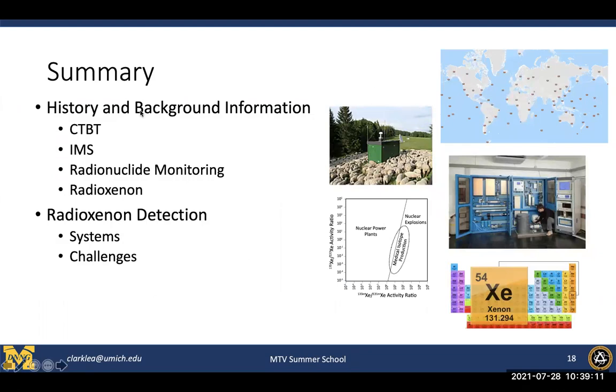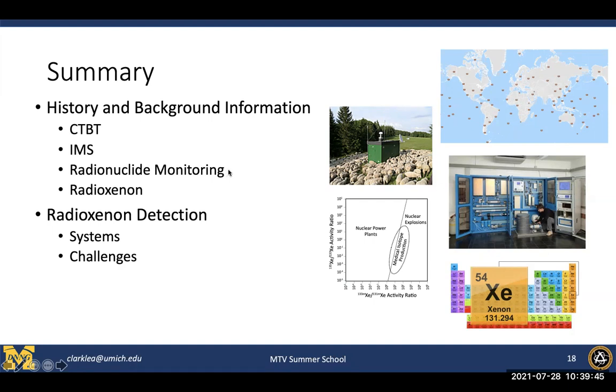But in summary, we've talked about the history and background information. We know what the Comprehensive Nuclear Test Ban Treaty is now, which is the treaty that prevents the testing of nuclear weapons and is a big goal for nuclear nonproliferation. As part of the verification regime, we have the International Monitoring System that uses different types of detection, and the big one for nuclear engineering is radionuclide monitoring.